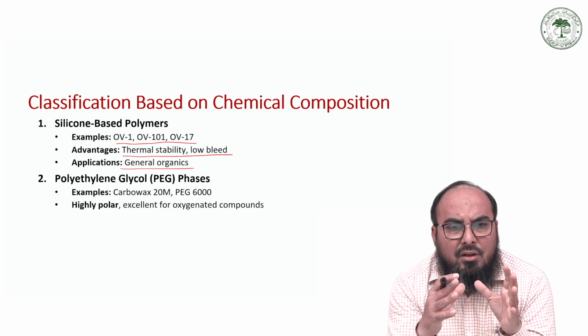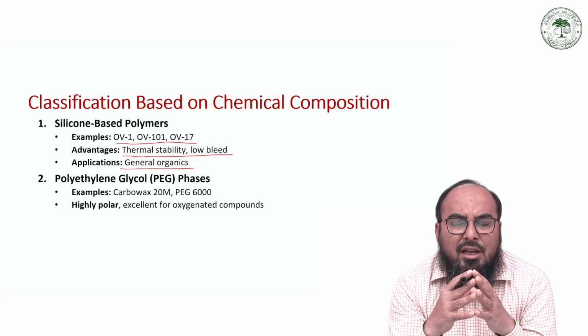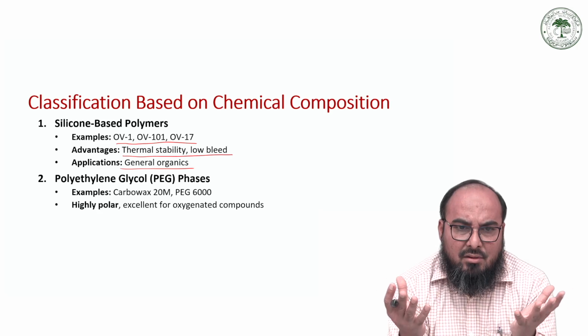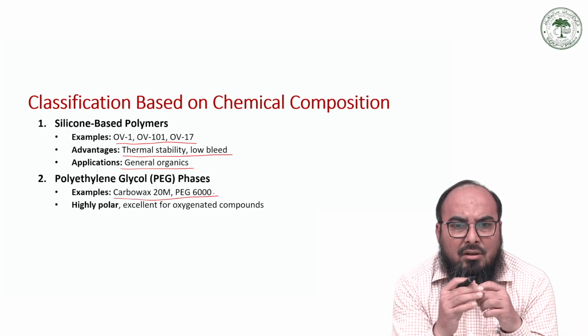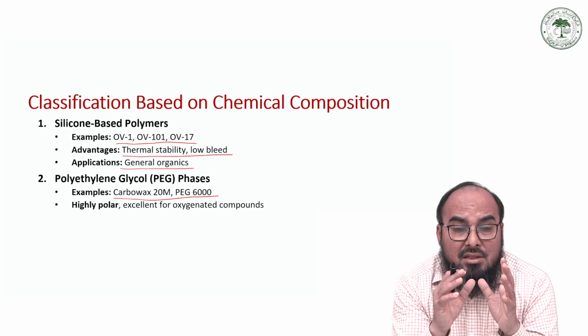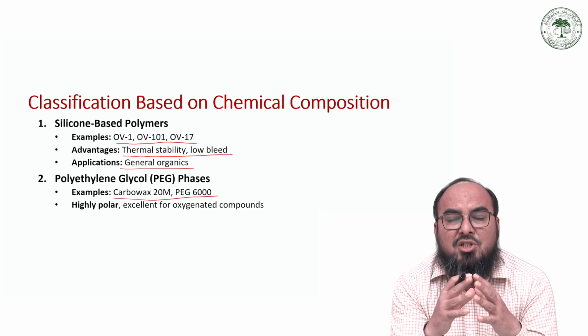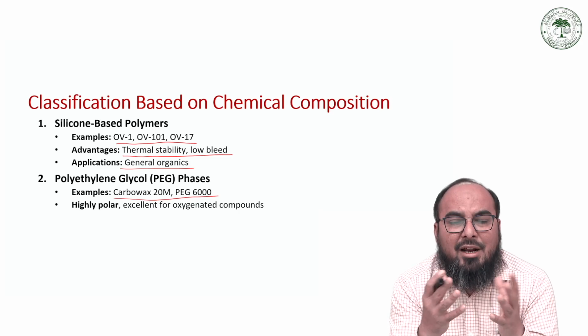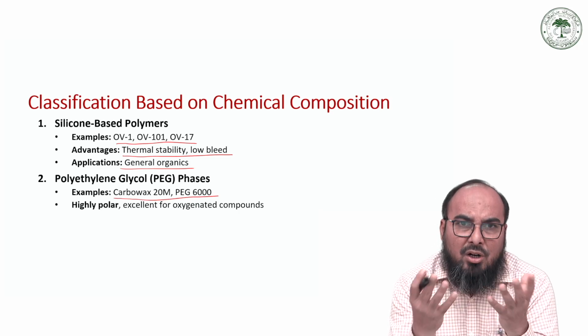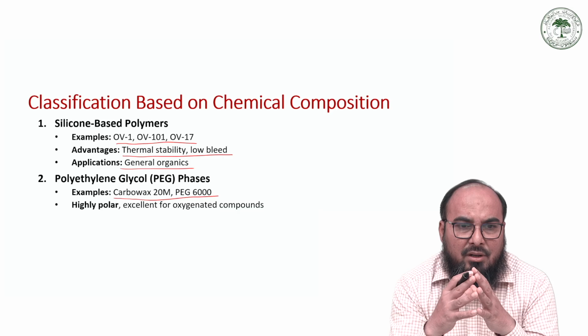Similarly, polyethylene glycol forms polar phases, and the trade name is Carbowax or PEG 6000, polyethylene glycol. This is very good for the separation of oxygenated compounds, because here the pi-pi interaction and the dipole-dipole interaction come into play. Sometimes weak hydrogen bonding also comes into play.